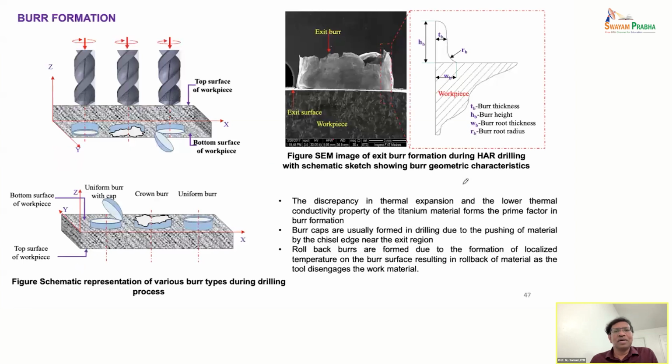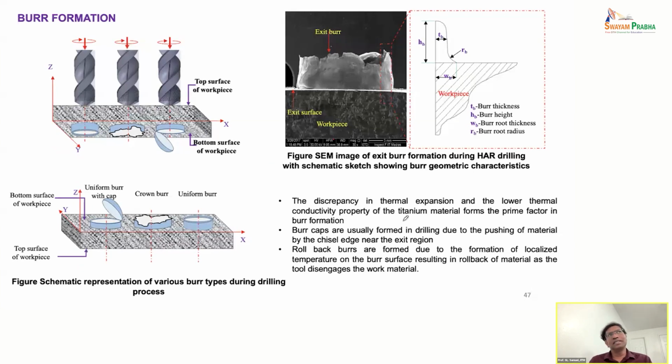Actually, now we have the temperature and all these components. When the material gets heated up, the burrs will be formed. So if we can control the temperature, then a lesser amount of burrs will be formed.